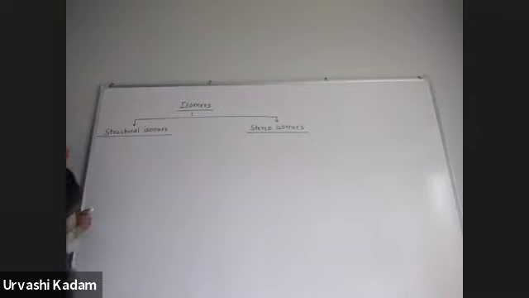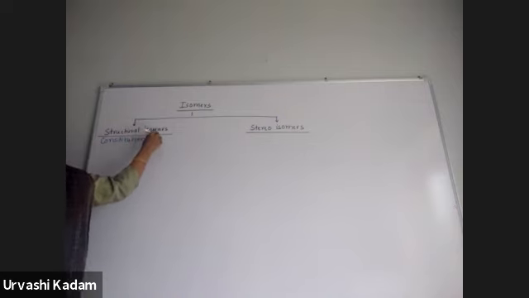So what are structural isomers? These are the compounds which have the same molecular formula, but they differ in their structure. They are also called constitutional isomers. Another name for structural isomers is constitutional isomers.